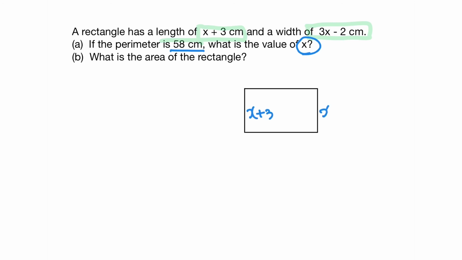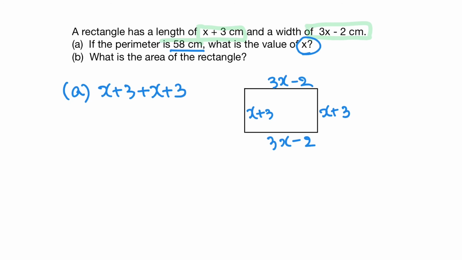The length of one side is x plus 3, and the length of another side is 3x minus 2. The sum of the four sides is x plus 3 plus x plus 3 plus 3x minus 2 and one more 3x minus 2 equals 58.